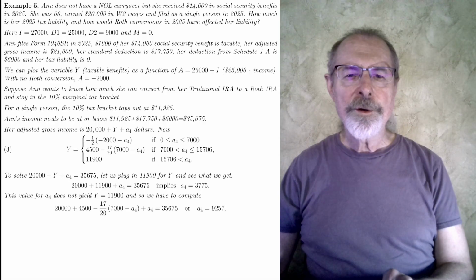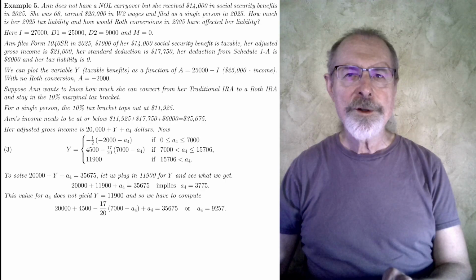If she files her Form 1040-SR, $1,000 of her $14,000 benefit is taxable. Her adjusted gross income is $21,000. Her standard deduction is $17,750. Her Schedule 1A deduction is $6,000. And her tax liability is 0 because the sum of the $17,750 plus $6,000 is greater than her $21,000 income.